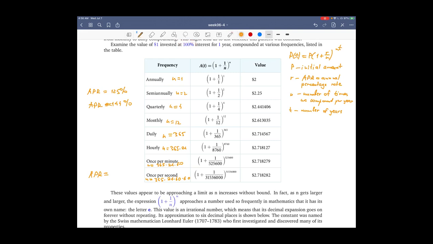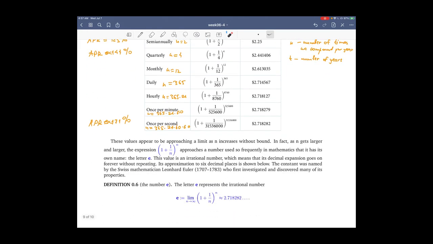We get the APR of 171%. So looking at the numbers, again, compounding more frequently does result in the price of the portfolio being greater. The more frequently you compound, the greater the price of your portfolio will be.